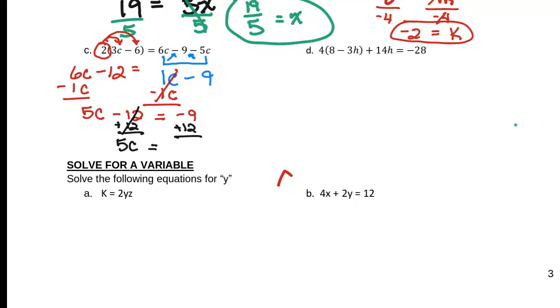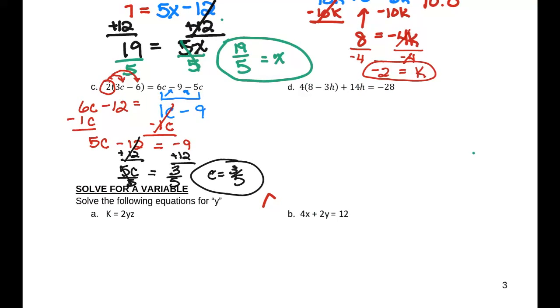Think of a number line. You go back 9, and then you go ahead 12, which is 3. Yeah, you said it right. Somebody else didn't. So that's 3. I'm trying to solve for C. Divide by 5, divide by 5, and C is equal to 3/5.